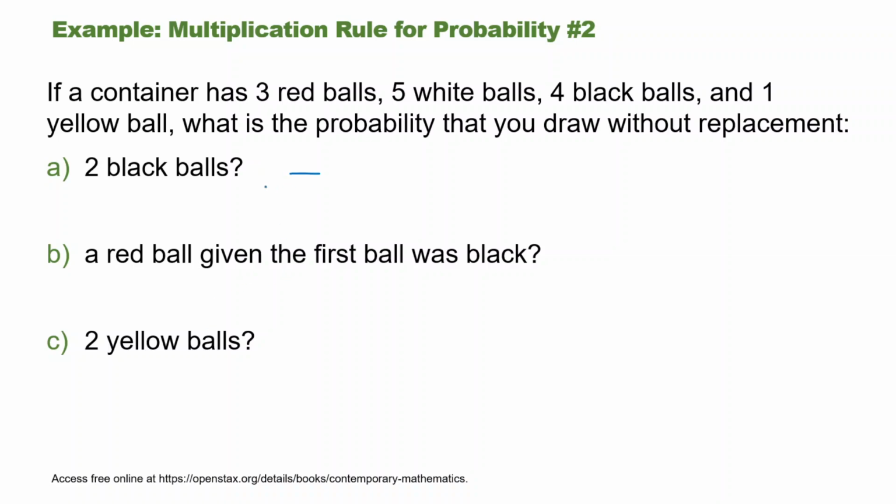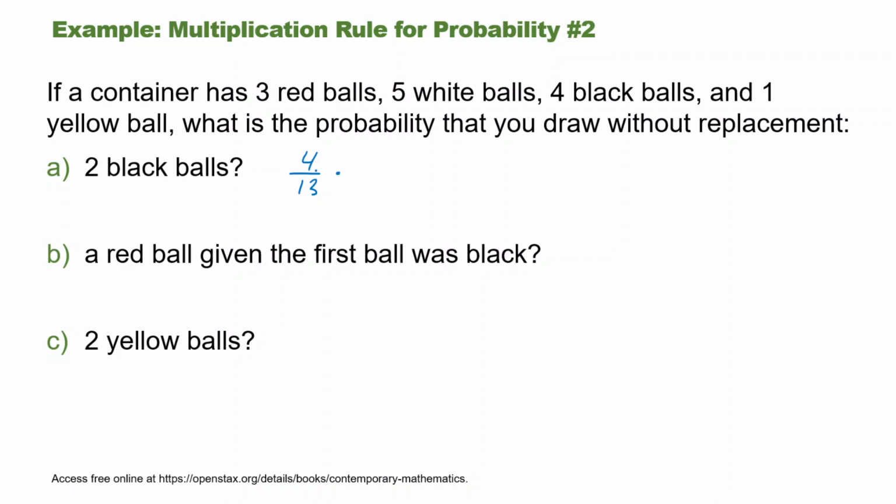So the first fraction would be the probability that we could draw a black ball on that first pull. Well, there are 4 black balls out of, let's see, 3 plus 5 is 8, plus 4 is 12, out of 13. So 4 out of 13 for the first pull.